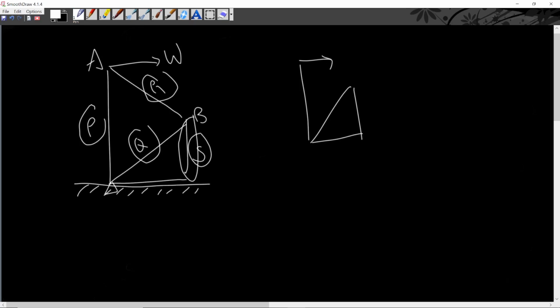A moves down, right? It's falling down, or actually, let me not explain it like that. Let me explain how compression and tension affect one another.